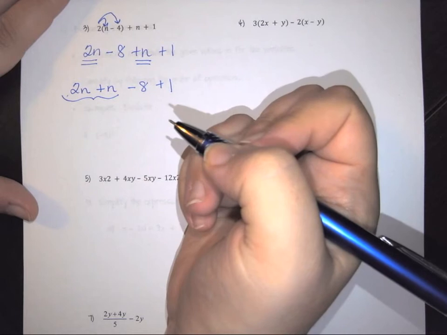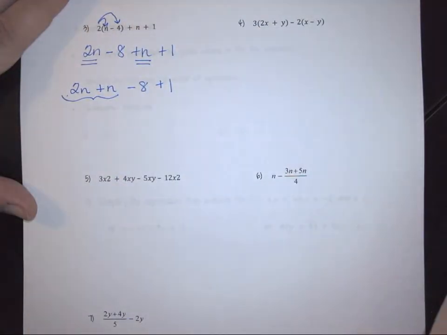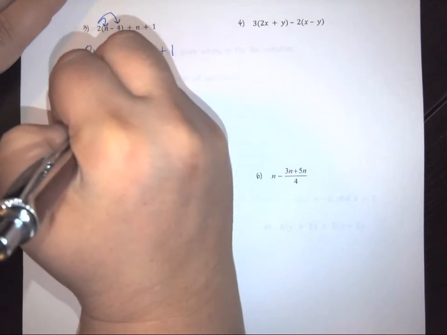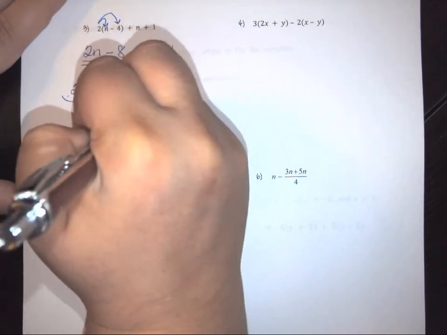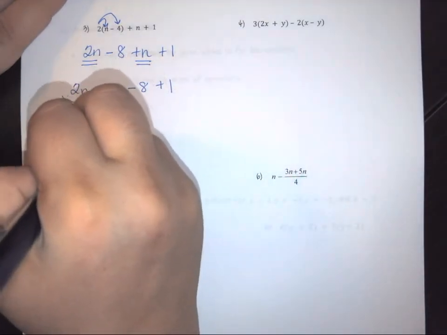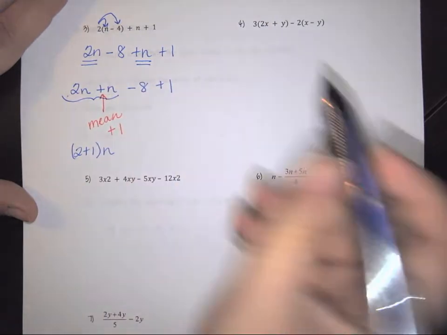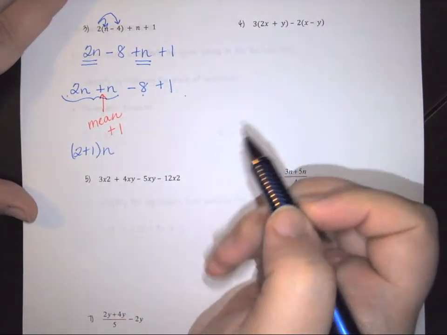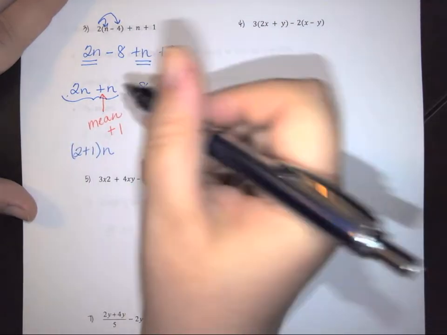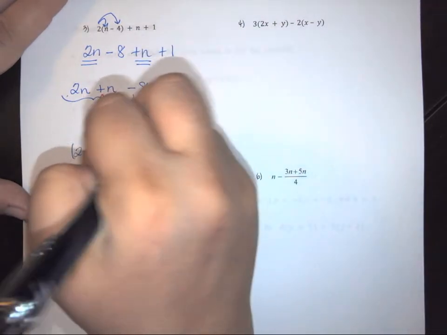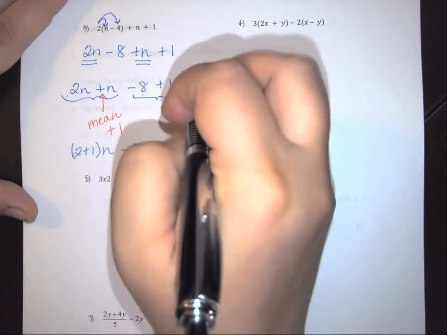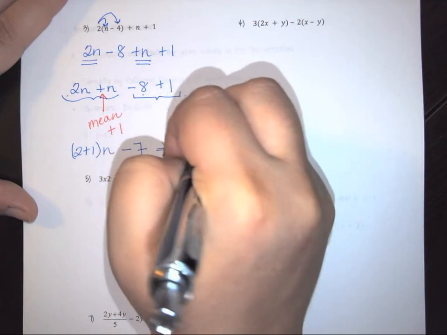My 2 coefficients will combine here. And just like before, this right here is actually going to mean plus 1. So I actually have 2 plus 1 n, and then I have negative 8 plus 1. This is the second part that gets combined. So negative 8 plus 1 is a negative 7. 2 plus 1 is 3. So this whole thing becomes a 3n minus 7.